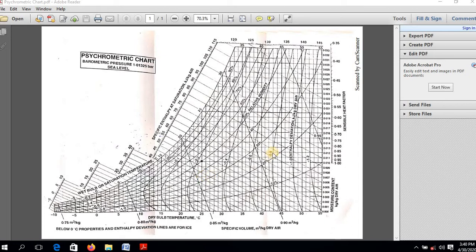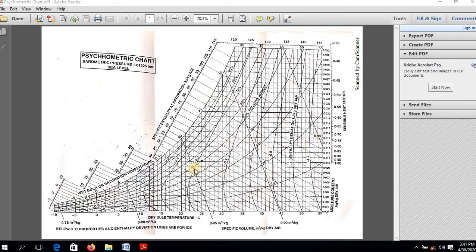And this is the scale for the sensible heat factor, which is the ratio of sensible heat to total heat. Once you get the value of sensible heat factor, you can join this point with the alignment circle. The alignment circle is drawn at 25 degrees Celsius dry bulb temperature and 50% RH. Once you join these two points, you get the baseline.